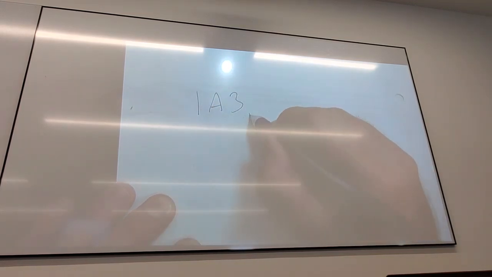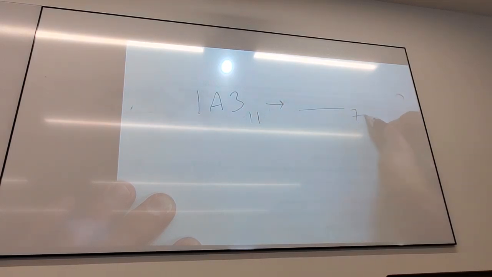One other question, and I'm going to let us out incredibly early, and we are not going to get used to it. What if I ask you this? I want you to change this to base 7.